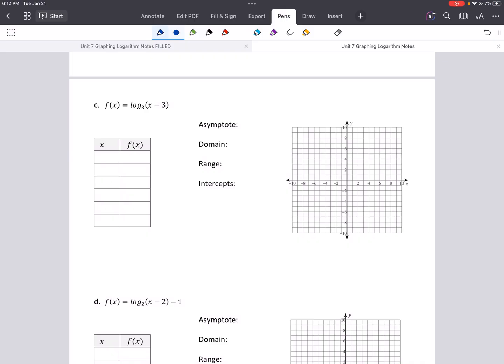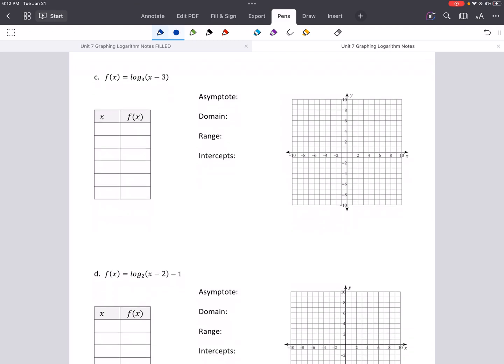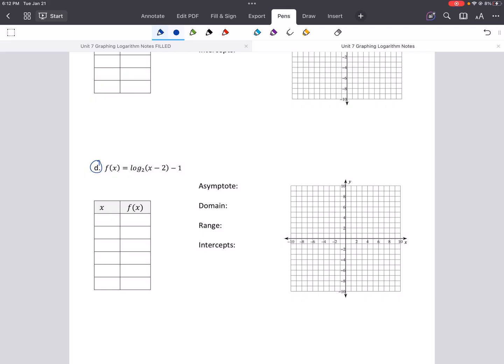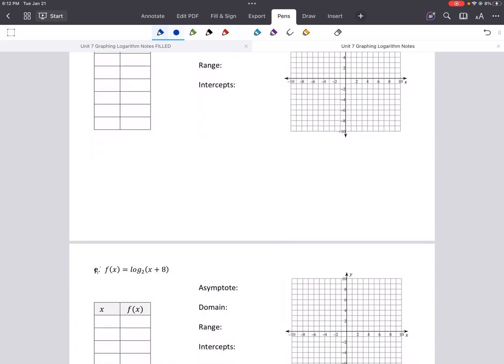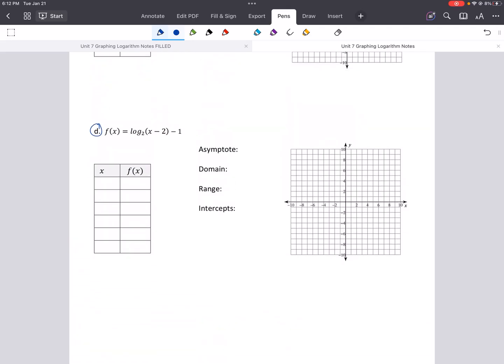So I'm just going to go over C and probably go over D and E. Let's do D and E. And that should be good enough. So we'll do D and E. Okay, if you would, maybe pause and give this a try on your own, and then you should be good.